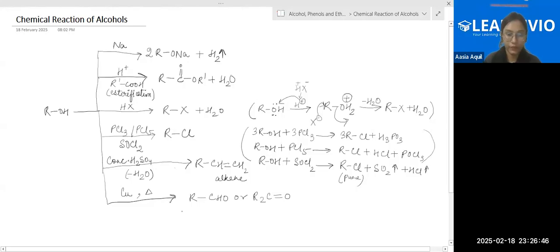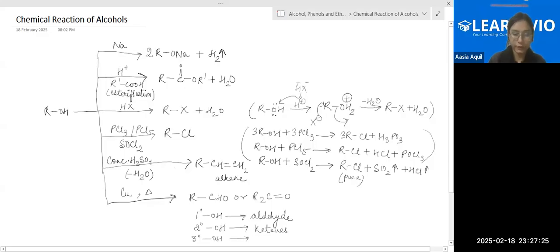See here, when you have primary alcohol, it will convert into aldehyde, and if secondary alcohol is there, then it will convert into ketones, and if tertiary alcohol is reactive, the product will be alkenes. Remember that. It's very important.